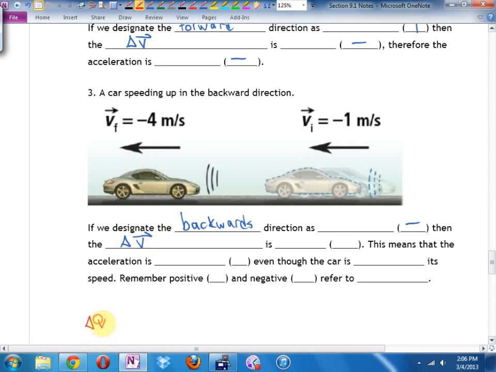I know that change in anything is equal to what? Final minus initial. What's our final velocity? Look at the little picture. I gave you numbers this time. Sorry? What's the final velocity? Look at the picture. Negative 4 minus, what's the initial velocity? Negative 1. Negative 4 minus negative 1 is negative 3.